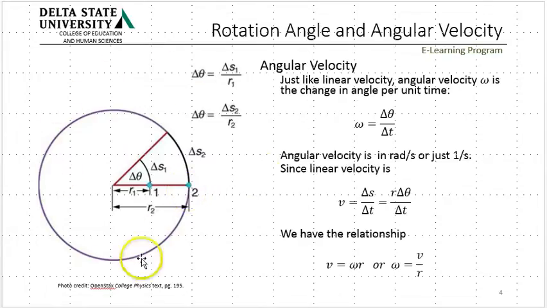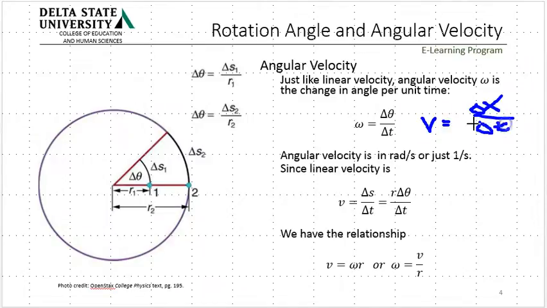Now we want to start talking about, well, what does velocity mean in this context? I'm going around a circle and I'm going around and I'm going around. So what is my velocity? Well, we talk about an angular velocity as the change in angle over time, just like we talk about linear velocity as change in position, delta x over time.